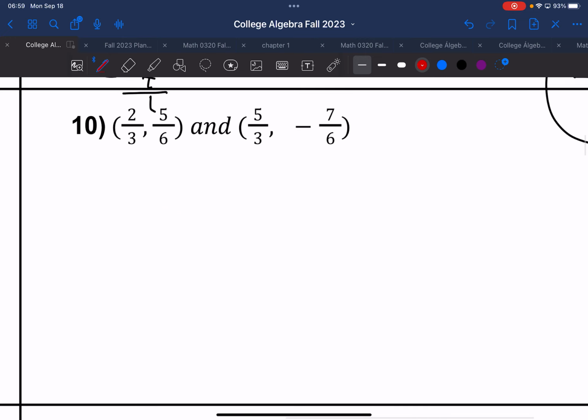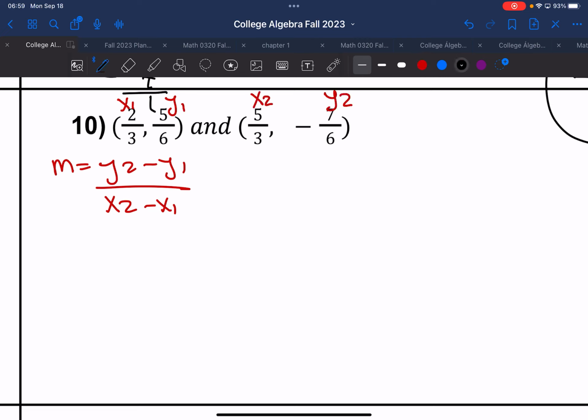Number 10, we have a bunch of fractions here. So first I'm going to write my formula, label my points, and start plugging everything in. Okay. So y2 I have as negative 7 over 6 minus y1, which is 5 over 6. x2, which is 5 over 3, minus x1, which is 2 over 3.